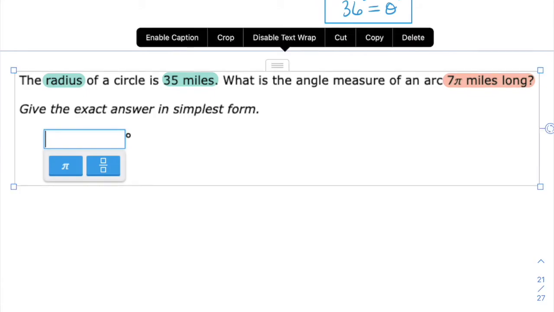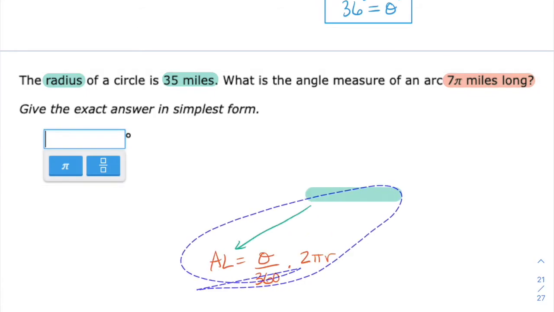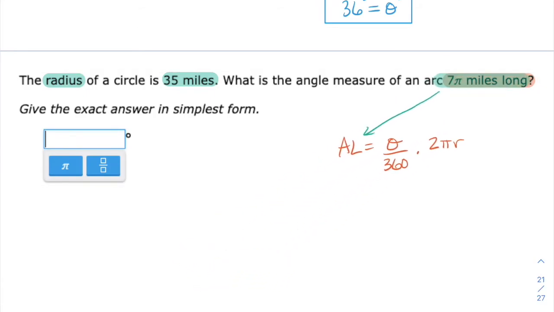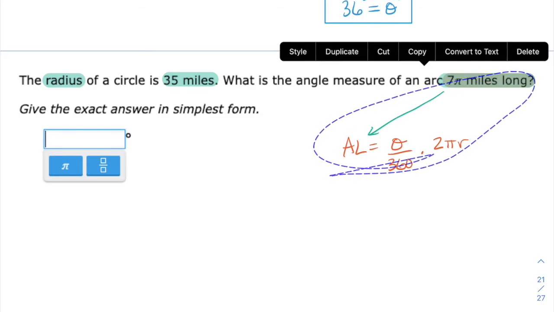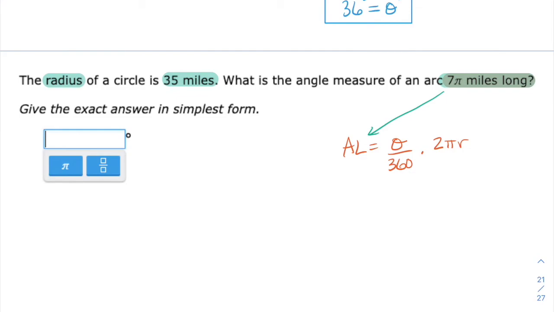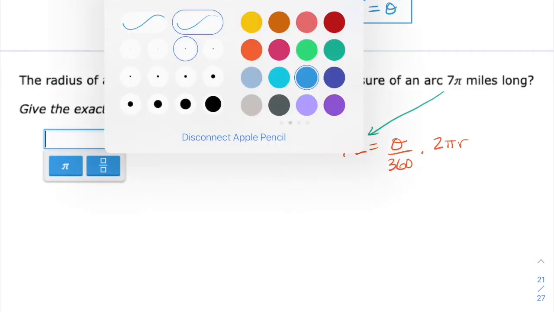Okay, so we are going to, whoops. I should have done that backwards. Oh well. Yeah, let's change that up real quick.